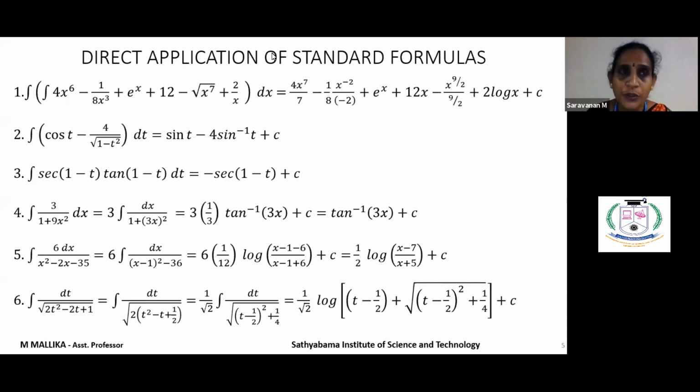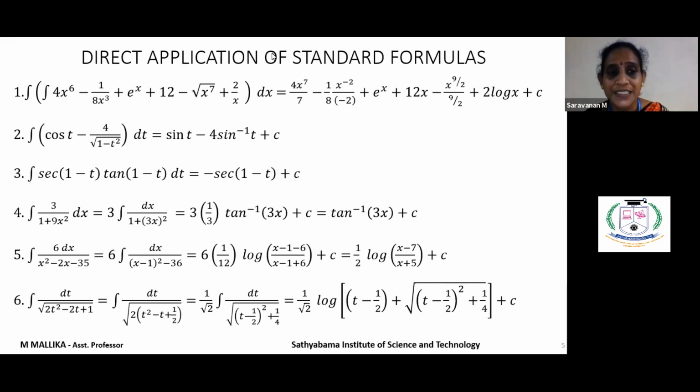The value for 1 by a square plus x square is 1 by a tan inverse of x by a. Here, since a is 1, it is 3 times tan inverse of 3x. But since instead of x we have 3x here, I have to divide by 3. Hence, we have 3 into 1 by 3 tan inverse of 3x, or simply tan inverse of 3x.